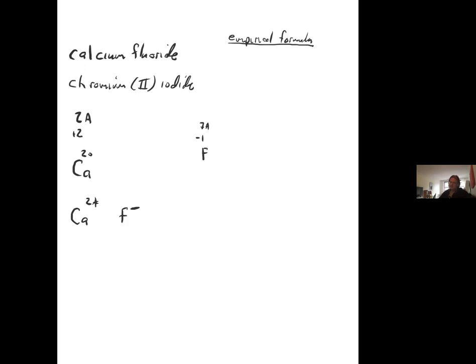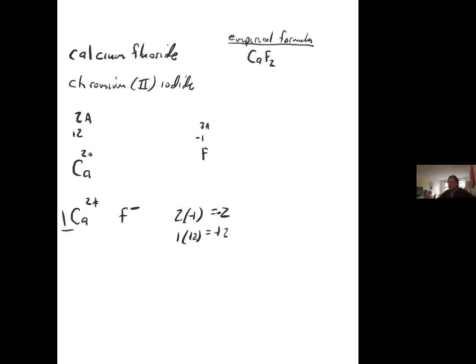Okay. So how do we deal with calcium fluoride? Well, you got plus 2 and minus 1. How many of the negatives do you need to get 2? You need 2 of them, right? 2 negatives will give you negative 2. So that means we need 1 calcium and 2 fluorides, right? 2 times negative 1 is negative 2. There's only one of these, right? 1 times plus 2 is plus 2.